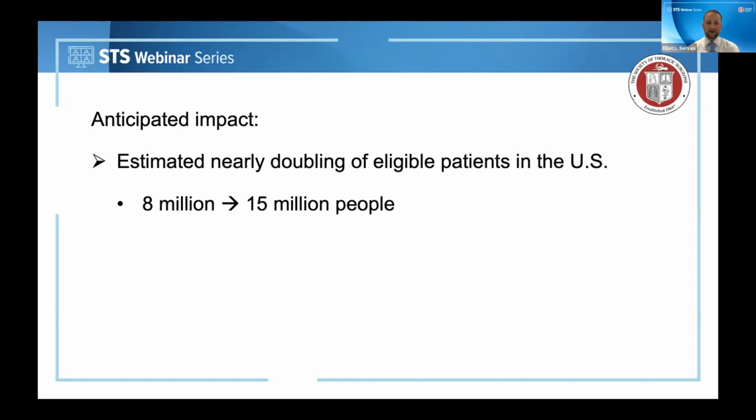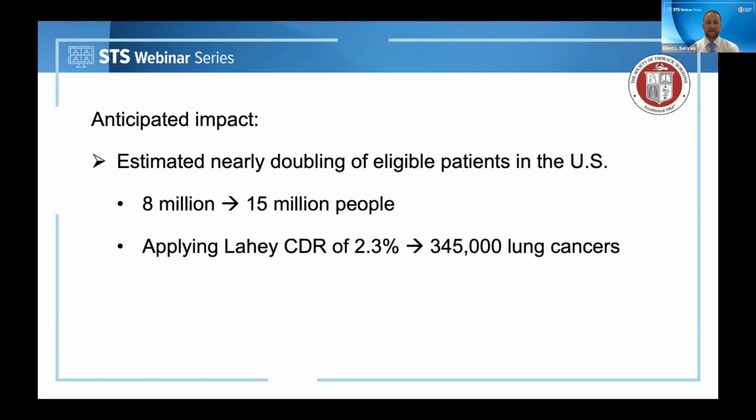So in our own lung cancer screening program at Lahey, our cancer detection rate is 2.3%. If you were to apply 2.3% to those 15 million people now eligible, one could potentially identify nearly 350,000 new lung cancers. But of course, we're nowhere close to screening all 8 million now, and certainly all 15 million that will be eligible with the new guidelines.